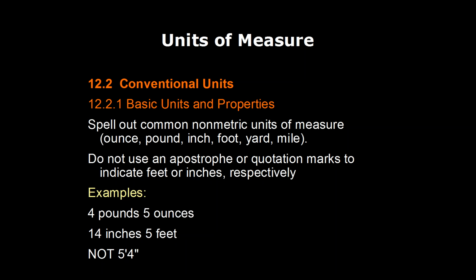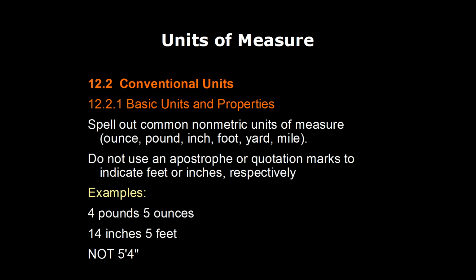So if you have 4 pounds, 5 ounces, as you can see here, 4 inches, 5 feet, no comma, no apostrophe, and it is certainly not 5 and with the apostrophe and then the 4 quotation marks to represent feet and inches. It is not.